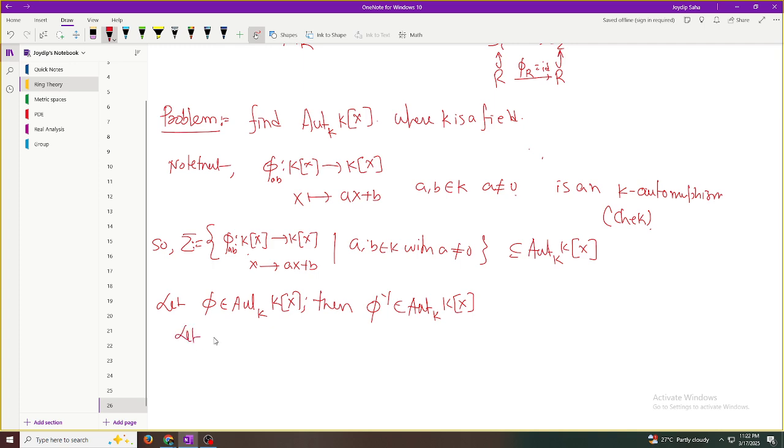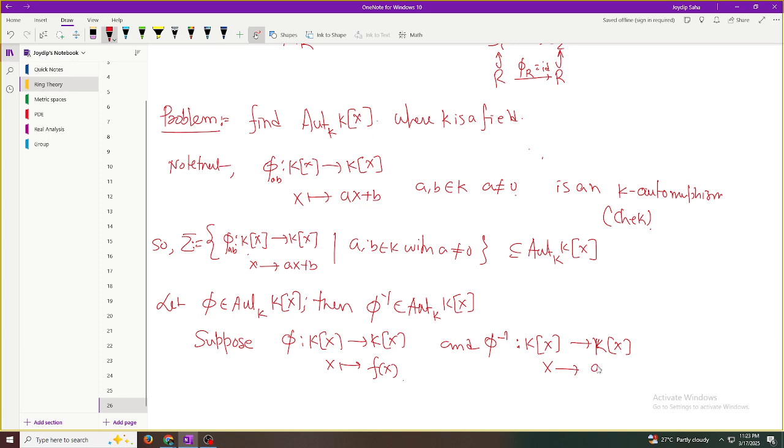Now suppose phi from k[x] to k[x], x goes to some polynomial, maybe constant, I don't know; phi of x is an element of k[x], so it is a polynomial f(x), and phi inverse also, x goes to some g(x).